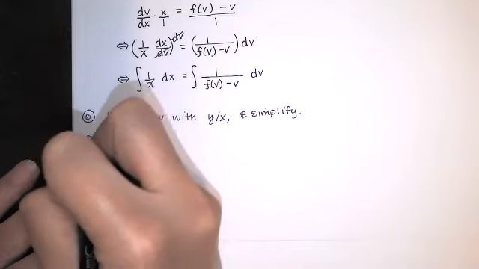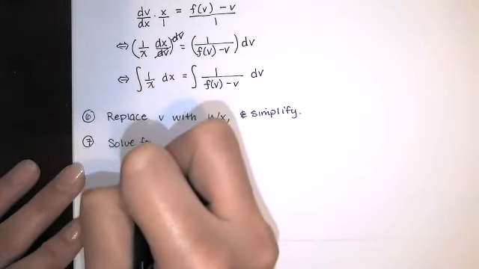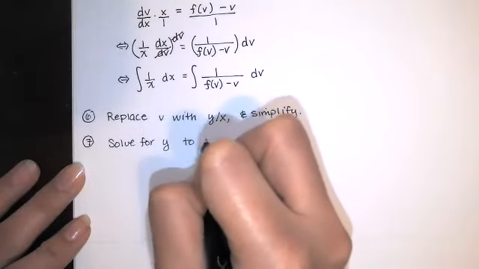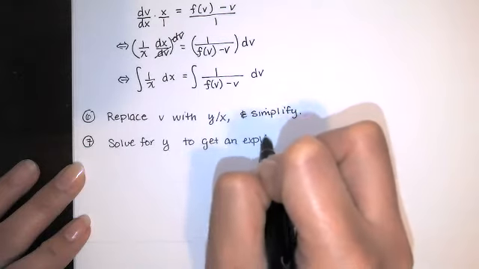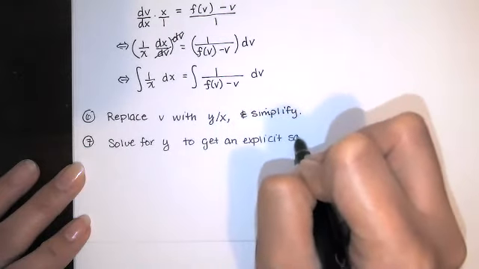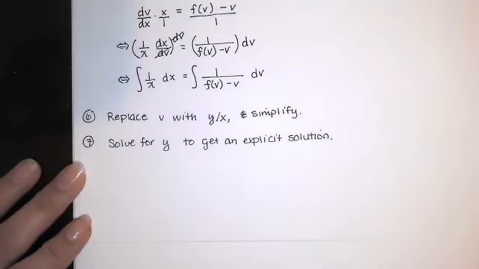And then if you can, you want to solve for y to get an explicit solution. Now these are generally nonlinear differential equations. So what we're getting is a family of solutions.